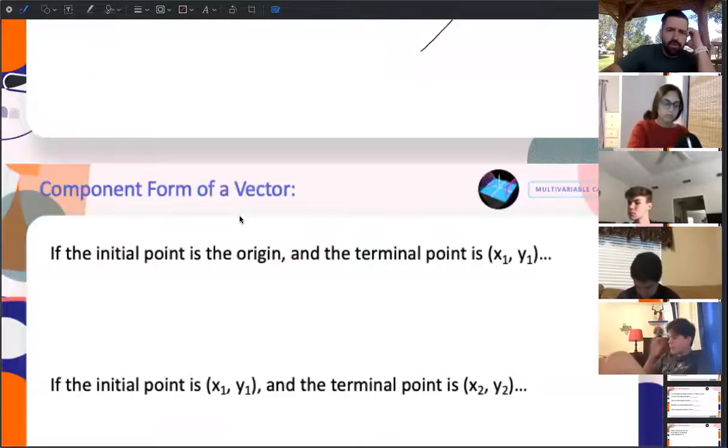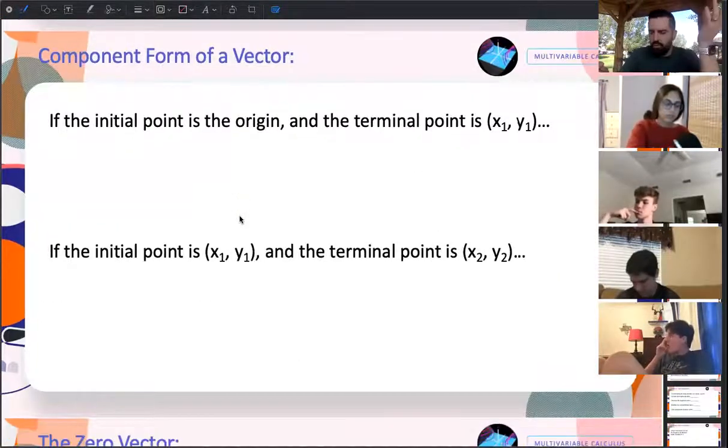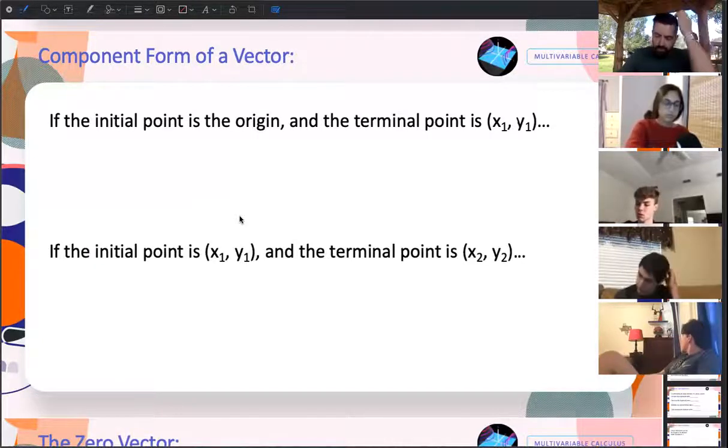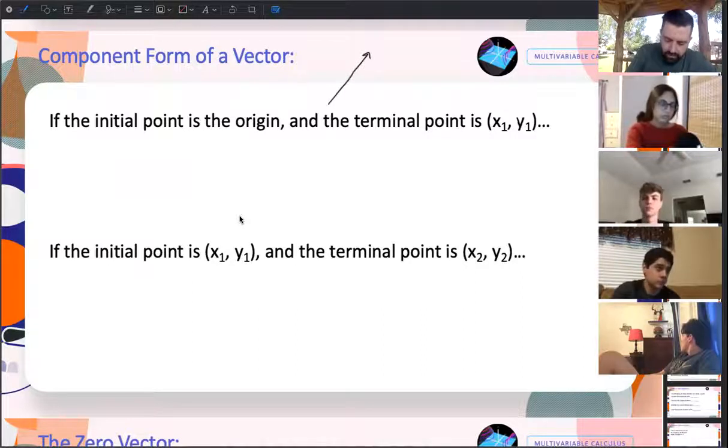Component form of a vector: as we start working problems, we tend to look at the components of a vector. Components just being how far in the x direction it moves and how far in the y. So if we have a vector, we're basically saying how far over and how far up.